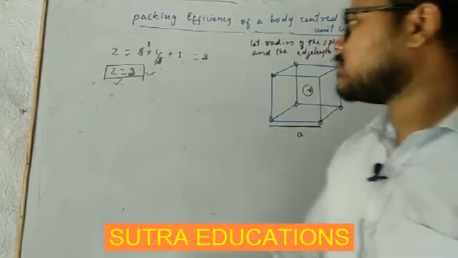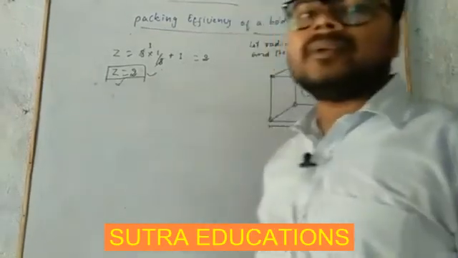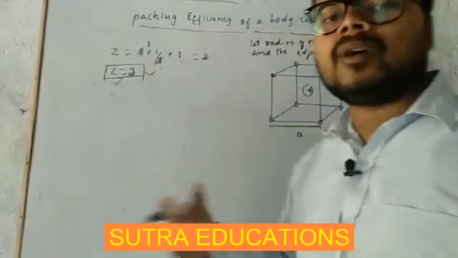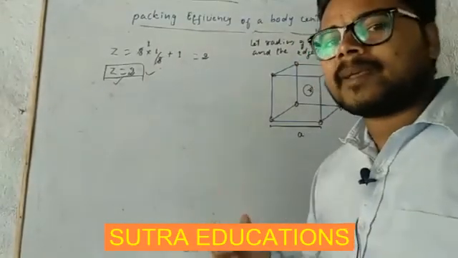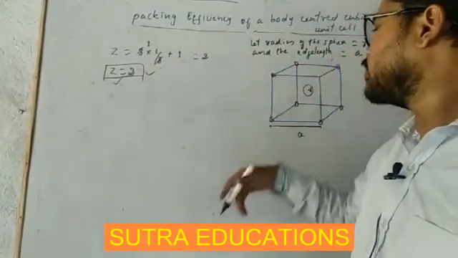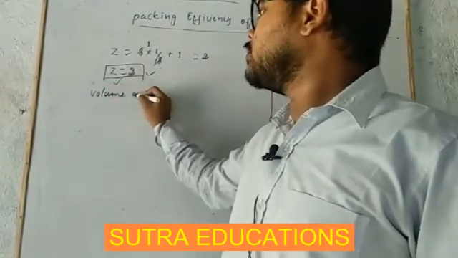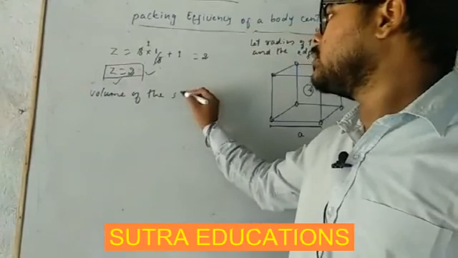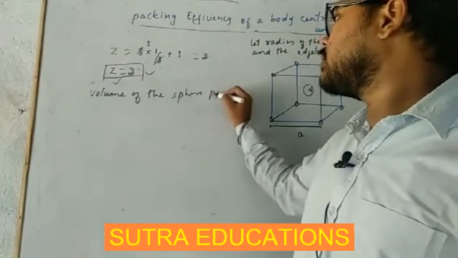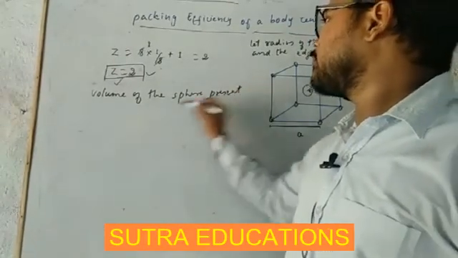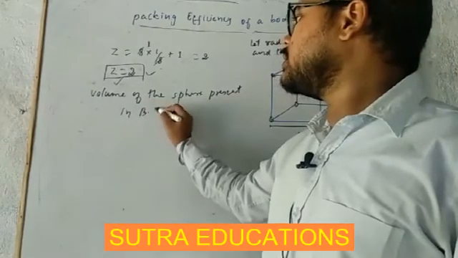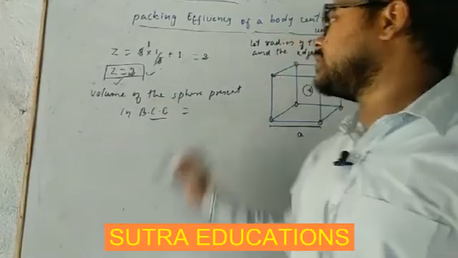Then I am going to calculate the volume of the spheres present in the body centered unit cell. So write here, volume of the sphere present in body centered cubic unit cell, BCC.